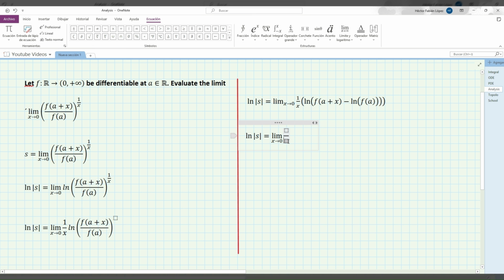We will multiply this 1 over x, then we will have something like this: ln of f of a plus x minus ln of f of a.